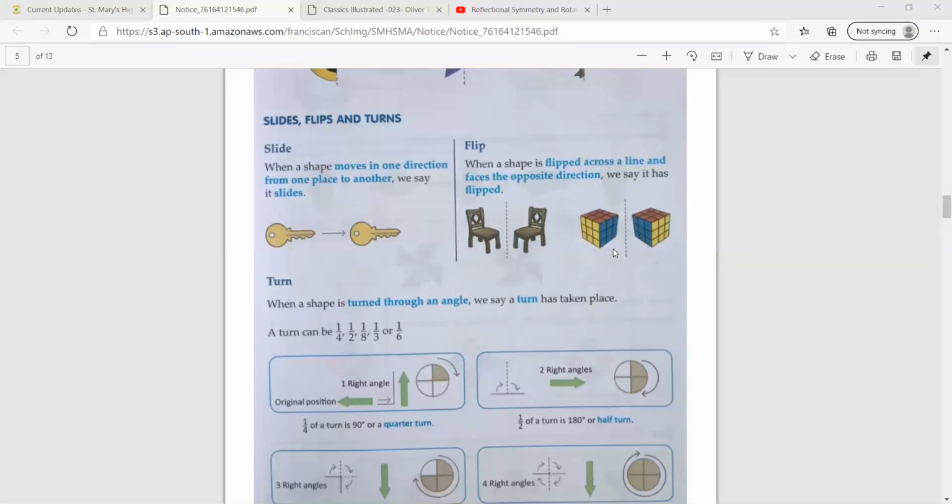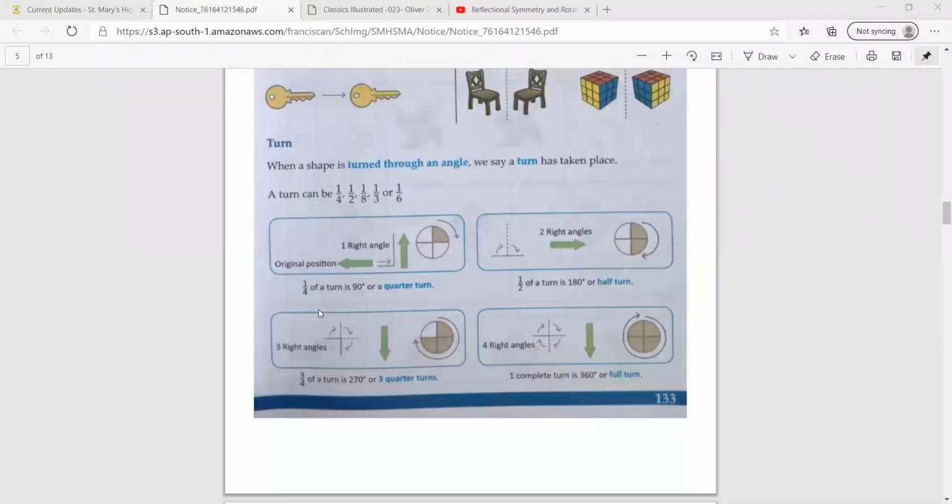Here we have a Rubik's cube also. So it has been brought to this side of the line, and you can see that blue was facing this side. Now it is facing this line. Okay, so that is called flip. Then we have a turn. Now, what is a turn? Now, this is important.